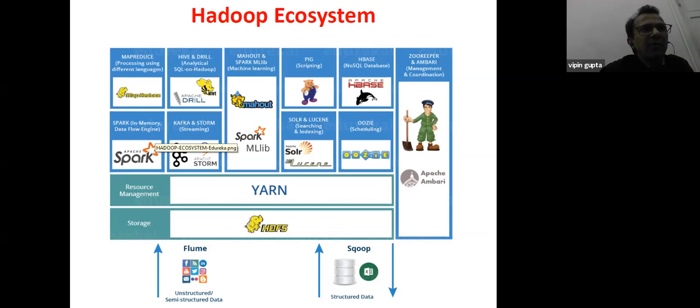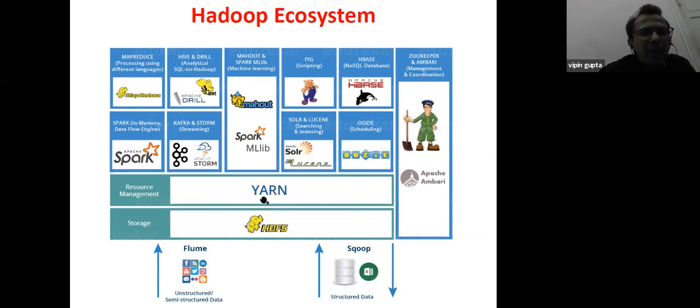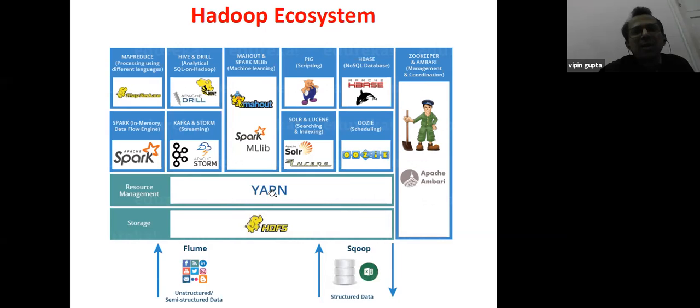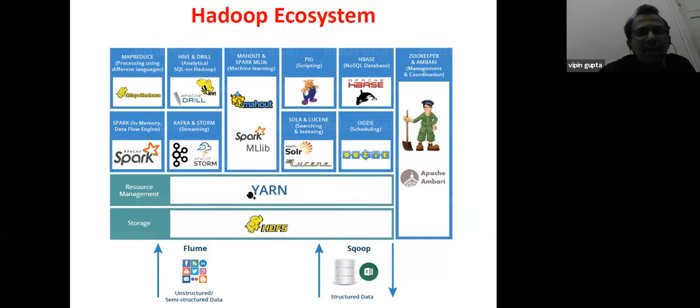Some persons were having a NoSQL skill set. So what has happened in Hadoop 2? They have implemented one layer that is called YARN, yet another resource negotiator layer.